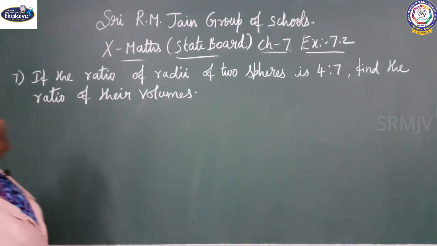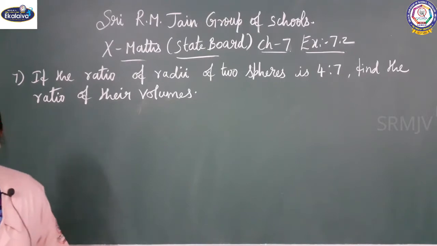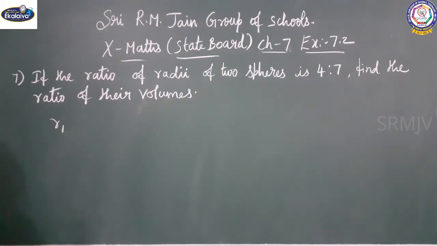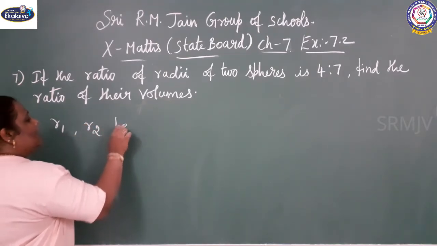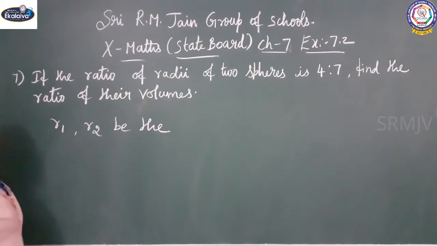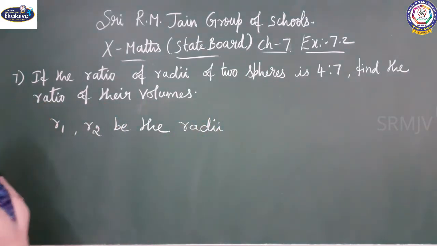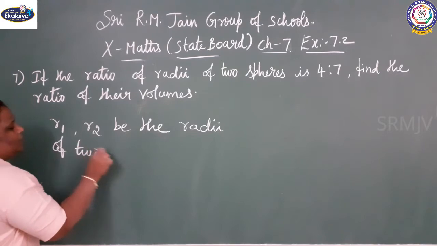Now the seventh sum. If the ratio of the radii of two spheres is given as 4:7, find the ratio of their volumes. Let R1 and R2 be the radii of two spheres.